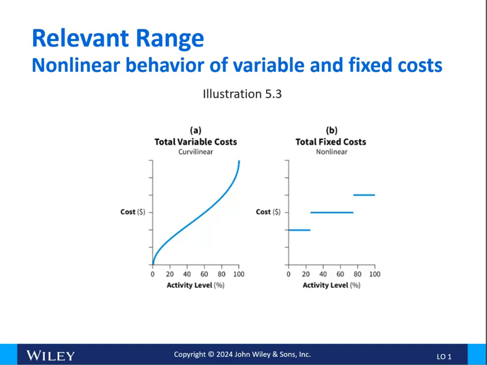So they're fixed for a period of time, but as activity levels change significantly, it could be different levels of fixed costs. We sometimes say, jokingly, all costs are variable in the long run, meaning as you go through different levels of activities, even your fixed costs are going to change.